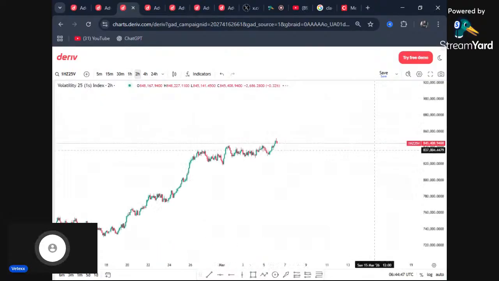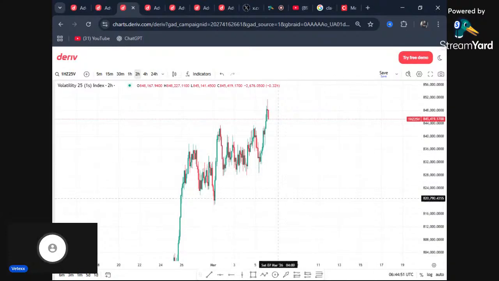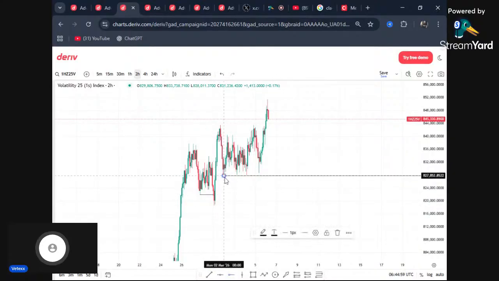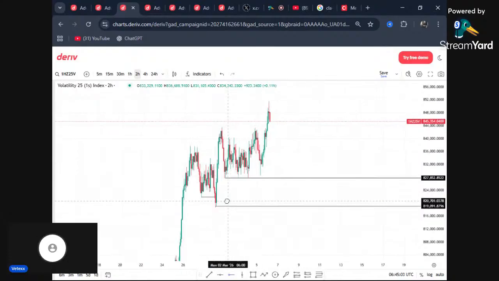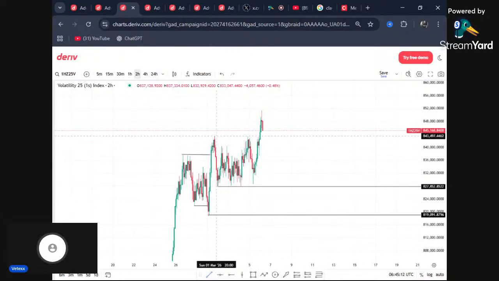On the 2-hour time frame on V25 1 index, you see clearly that we have a sweep of liquidity right here, and then a structural liquidity here, and we have our protected low, which is right here. Then we have a first break of structure, and then a second break of structure, which is here.